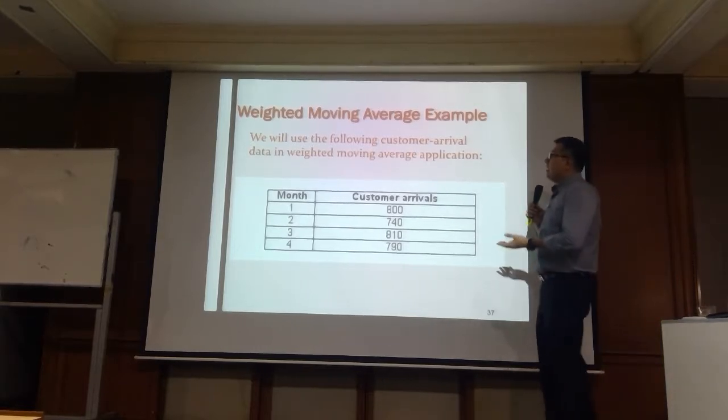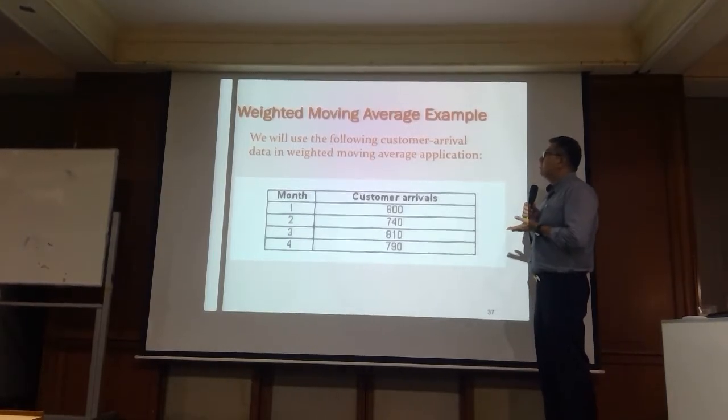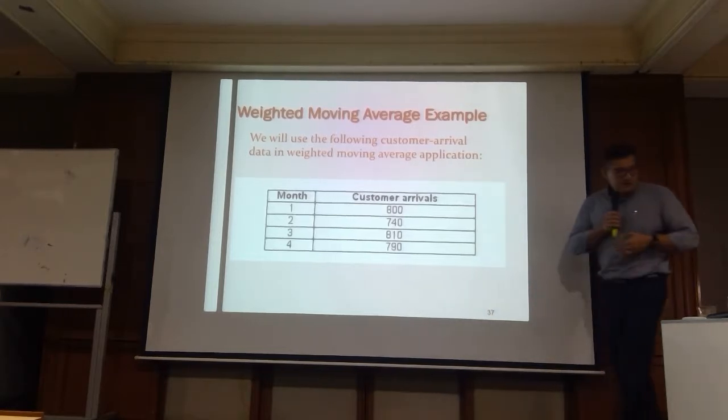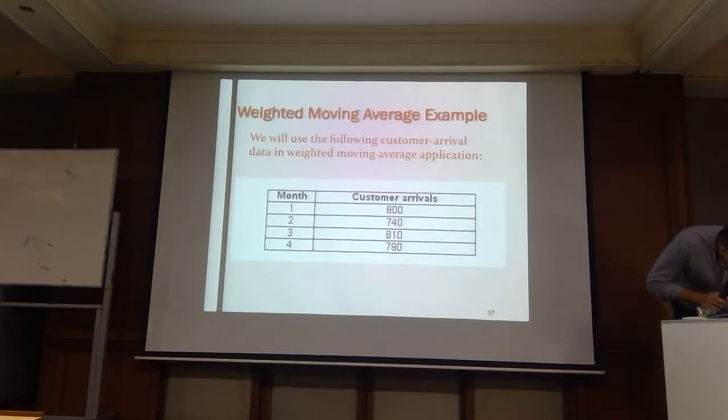Let's say I have the following customer arrival data again, and you can see that we have data for 4 months. Let's say I'm going to use the weighted moving average. For sure, if I want to test you about the weighted moving average, I will specify the weights for you.